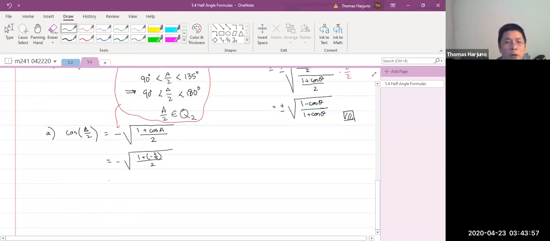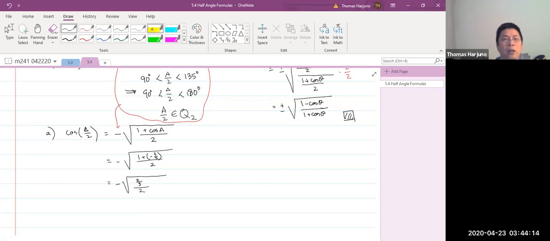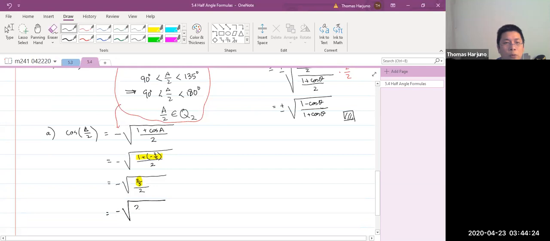Going further, this is negative square root of 2 over 5, big over 2. Okay, so if you add the top, you will get 2/5, right? And then this is square root of negative square root of 2/5 multiplied by 1/2.